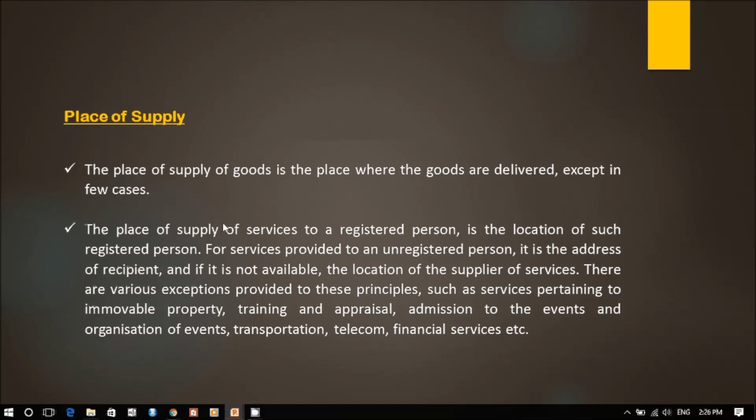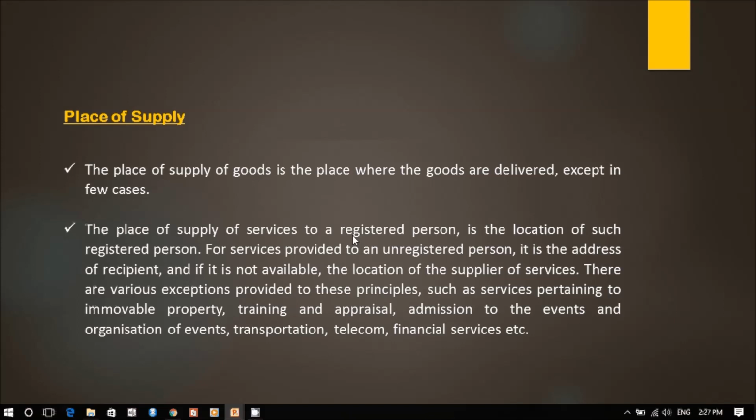And for the place of supply of the service, if the supply of the service is made to a registered person, then the location of such registered person would be the place of supply. But if it is made to an unregistered person and the supplier has the address of that recipient, then as per that address, that would be the place of supply. And if this address is not available, then the location of the supplier of the service would be the place of supply. And there are various exceptions to these rules also.